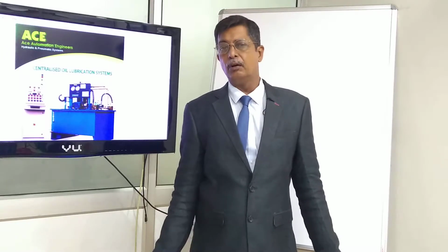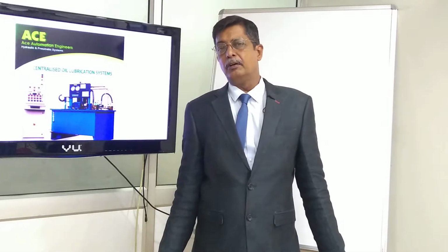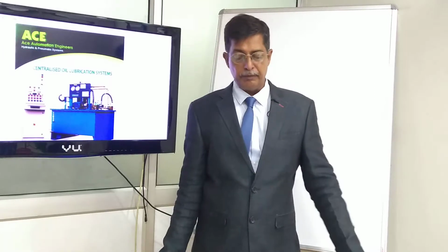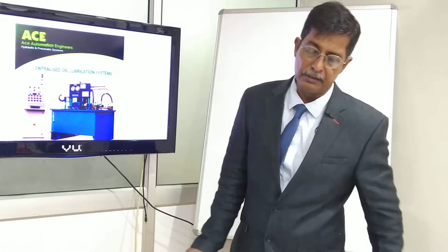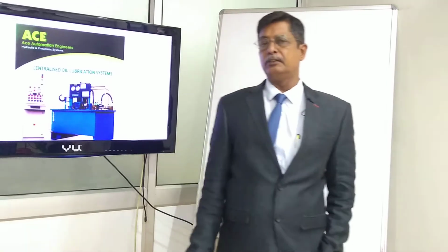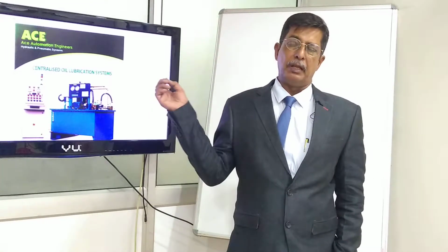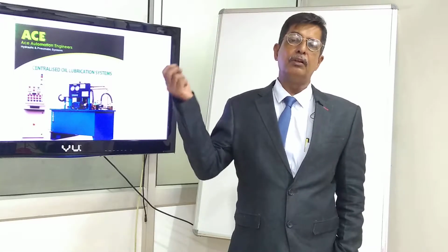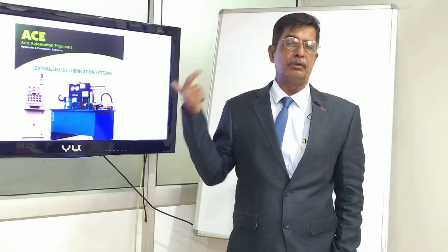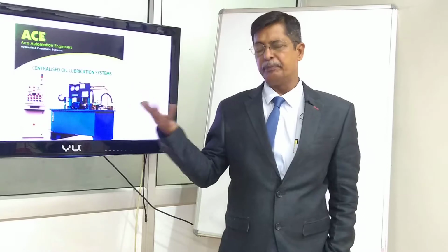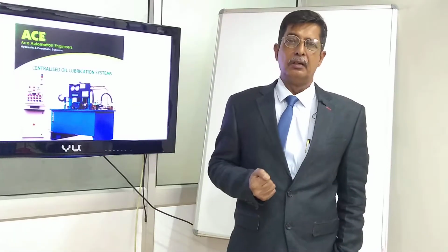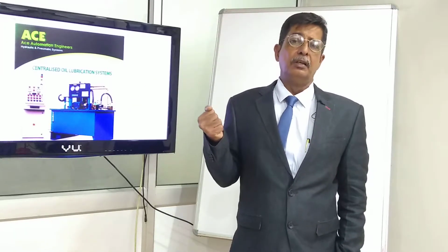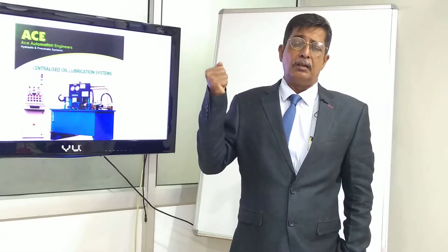So the primary function of a centralized oil lubrication system, as the name suggests, is to supply filtered, clean, cool oil to the bearings or the bushes or the gears or any rotating machinery, so that it moves, it is lubricated well.